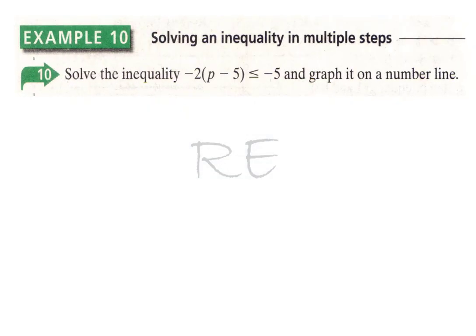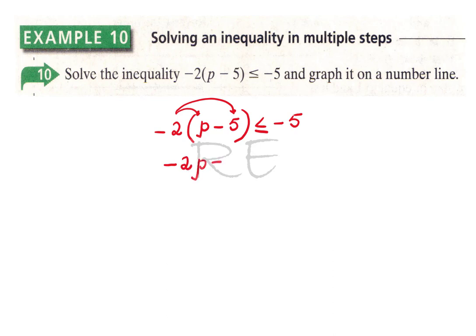We're going to solve the inequality negative 2 times p minus 5, in parentheses, is less than or equal to negative 5. We simplify the left side using distribution. We get negative 2p plus 10 is less than or equal to negative 5. We subtract 10 from both sides.